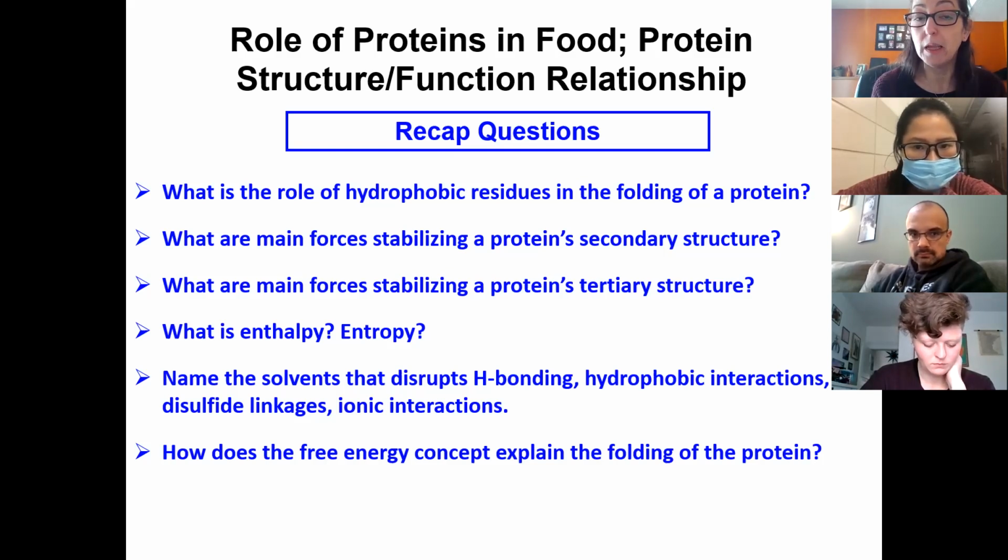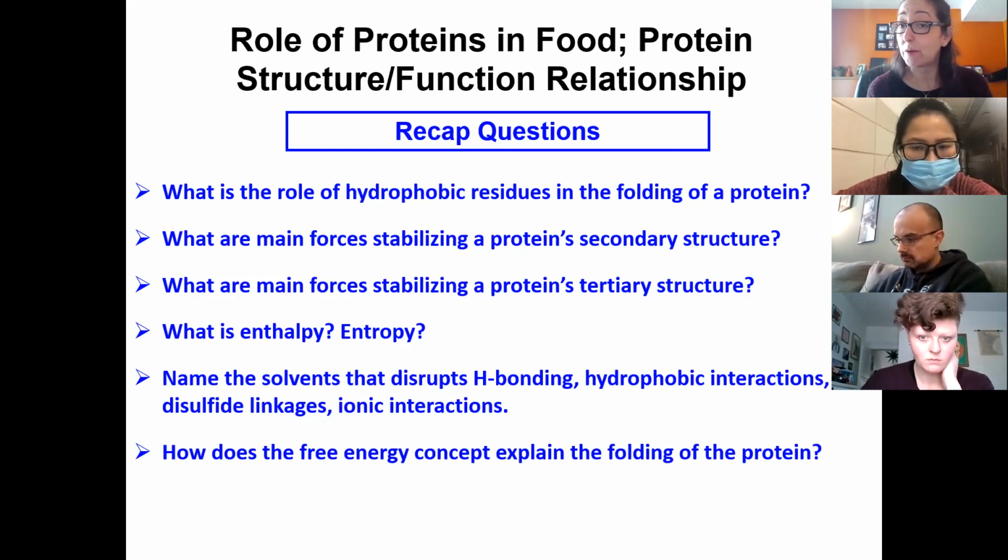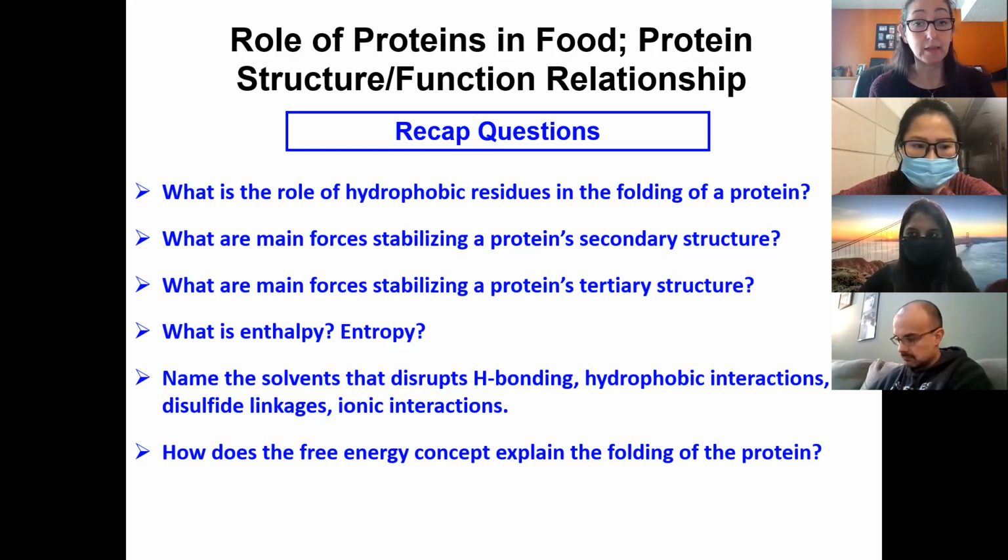But what are the main forces that stabilize the secondary structure? So we go from primary, and we start getting some hydrophobic interactions that pull the residues together into a folded state. However, when the secondary structure is forming, it gets stabilized by what force? Hydrogen bond? Yes.